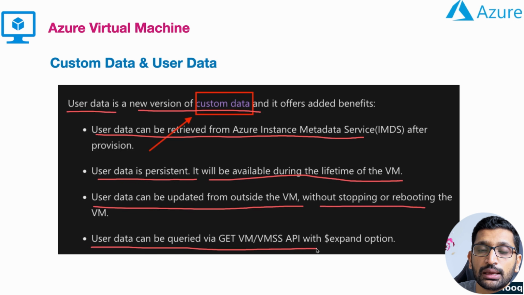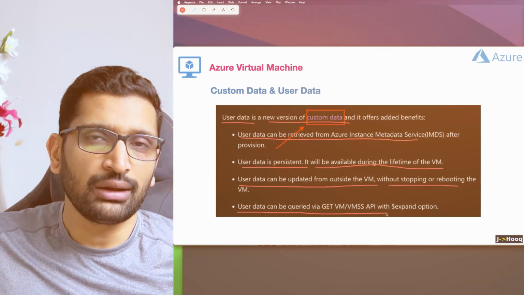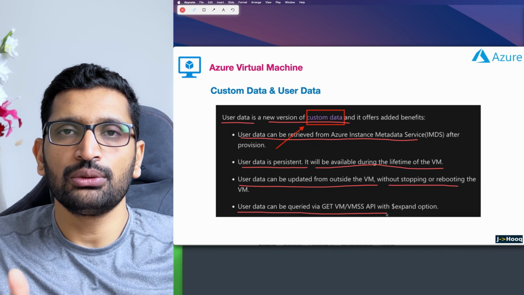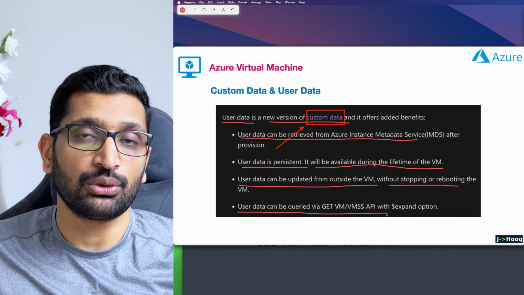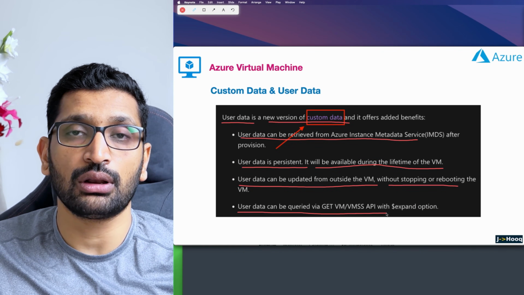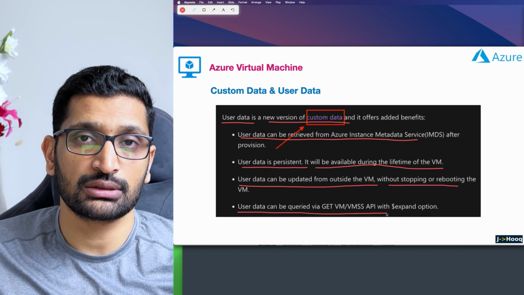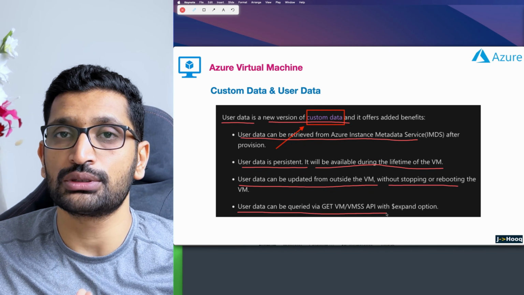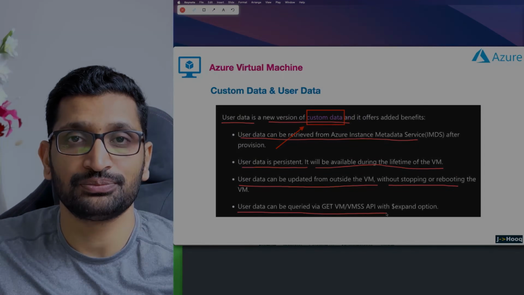So you can use this API to get the user data which is running on that virtual machine. These are the key differences which you will see when you start working with user data and custom data. My recommendation is to try to use user data because it is the newer version, and it gives you a lot more flexibility when it comes to configuring the boot script for your virtual machine.